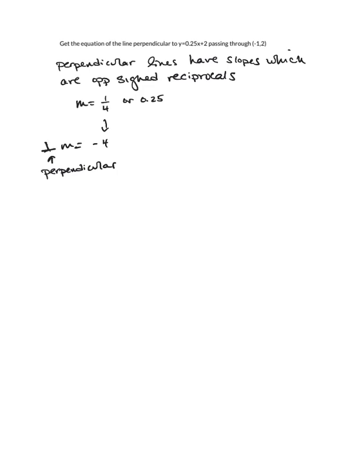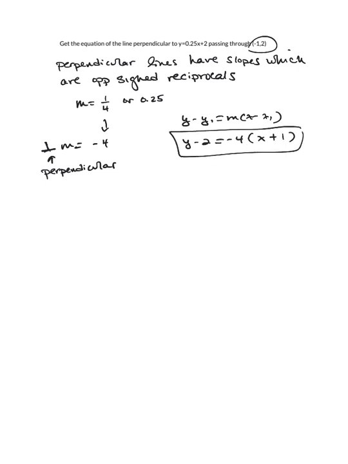Anyway, so we're passing through this point, so write the point slope formula as usual. Substitute this in. X minus negative 1. That is the answer. Okay, that's the point slope equation.